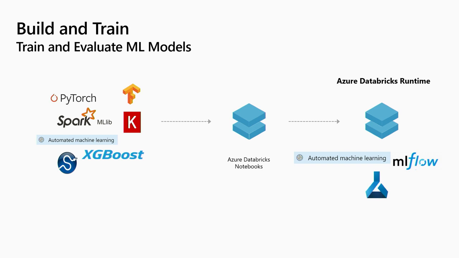And then finally, you use the capabilities of automated machine learning, which is a cool demo that Parasha will show you, as to how you can use automated machine learning to really help pick the best model for you in Azure Databricks, so that you can then deploy that model and use it. And we'll also talk a bit about MLflow and the Azure Machine Learning integration, which is something we released at Spark Summit last week.